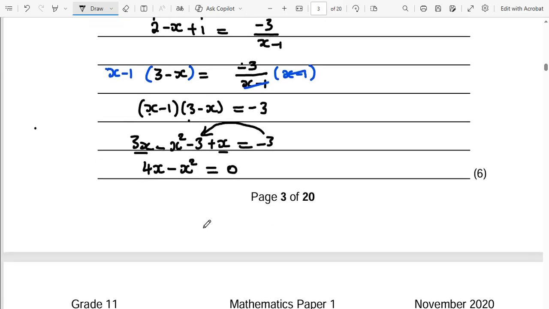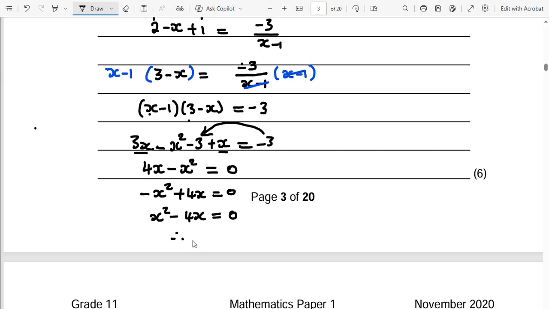If you look at this equation, we have the x squared as negative. We don't need to work with that, right? So we need to divide everything by negative, or take the negative out as a common factor. I really recommend that we divide everything by negative and change the sign of every term.